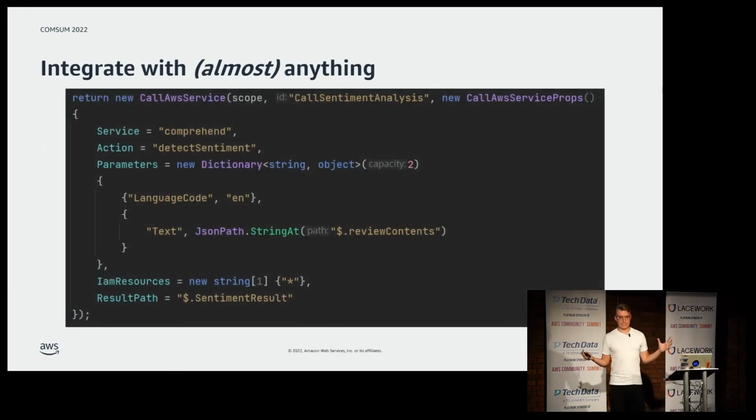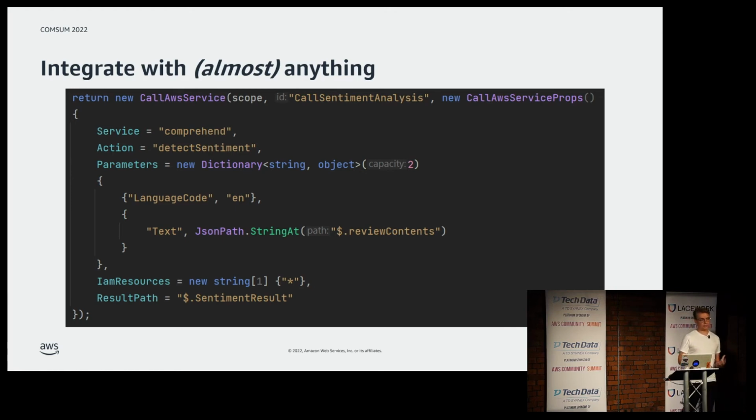So how would we do that in the CDK? As well as some of the native service integrations that have pre-built objects in the CDK, things like DynamoDB PutItem, EventBridge PutEvents, these are pre-built constructs in the CDK. If you're using the SDK integrations, you get this object called CallAwsService.